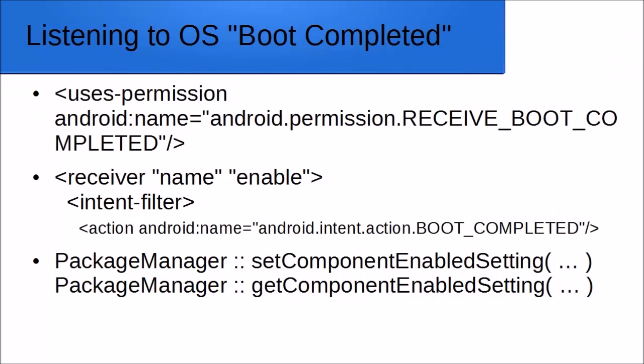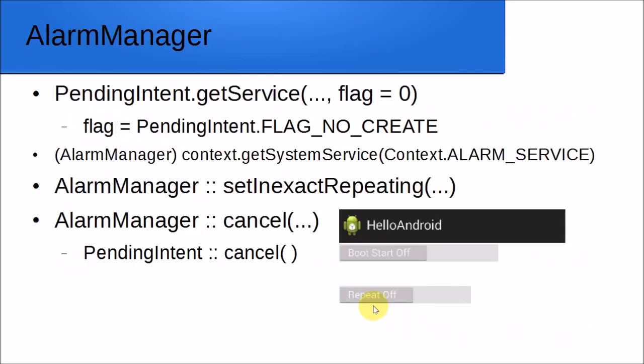So this is the last segment of this last video in the series. Finally here. Previously I showed how to use the alarm manager to repeatedly run the service. But previously you still had to start up the service by going through a GUI, by sliding this slider.